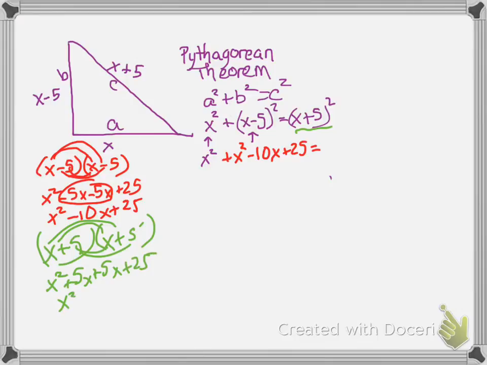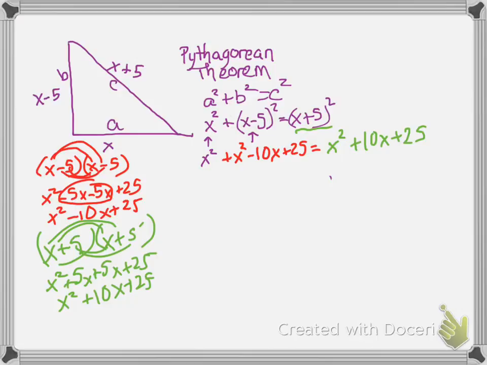So I have x squared plus 10x plus 25. So now I've simplified that whole equation, and now I don't have any parentheses left.